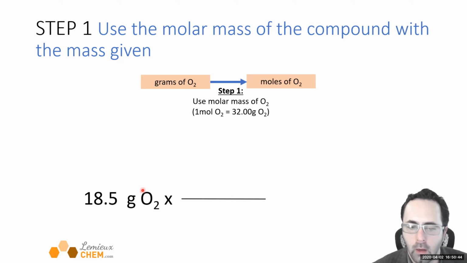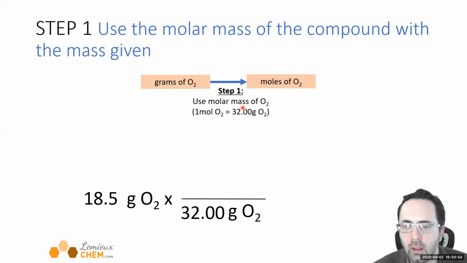And again, the unit that's here has to be here, so we just copy it down. Then we see that the number that goes with grams in our conversion factor is 32 grams. The other side of the conversion factor is 1 mole. So we cancel our grams, and we put 1 mole here.